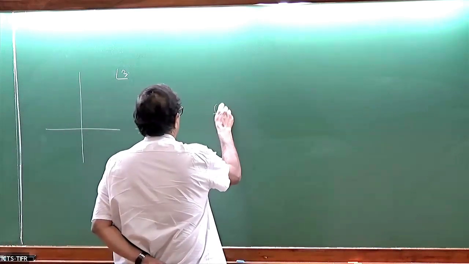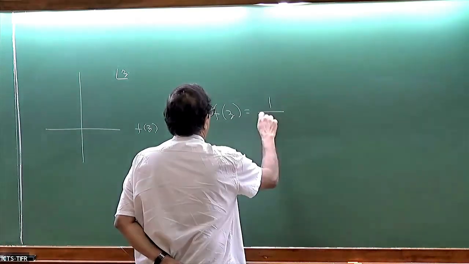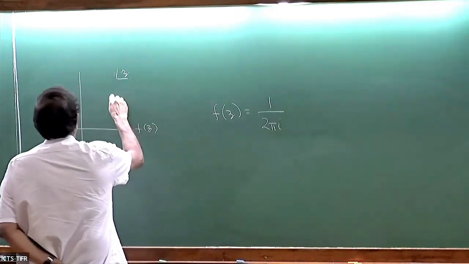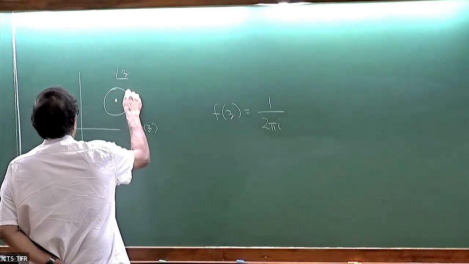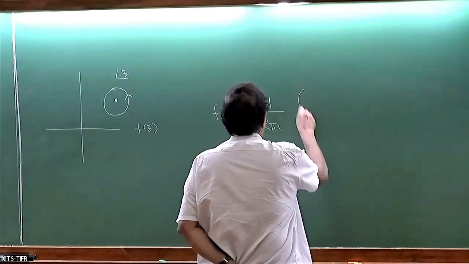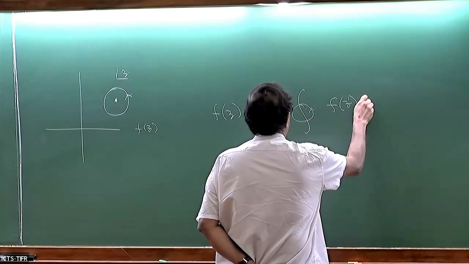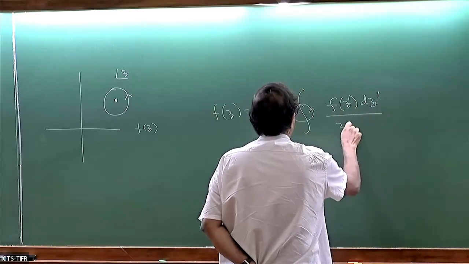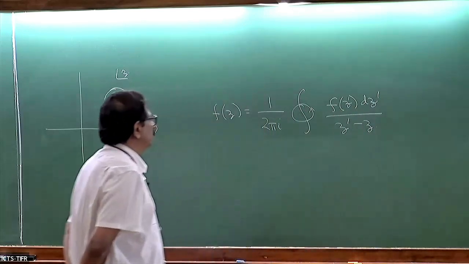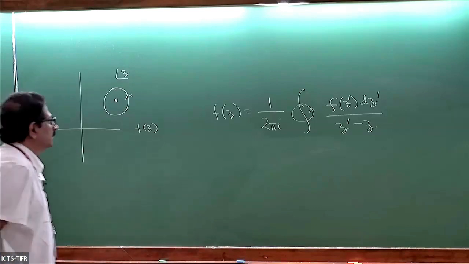So let me just remind you all that if you have a function f of z that is holomorphic in the complex plane, then we all know that the function f of z is equal to 1 by 2 pi i, if this is the point z that I have, and I choose a closed contour like this, 1 by 2 pi i, closed contour like so, f of z prime dz prime divided by z prime minus z. Okay? So this is one version of Cauchy's theorem that is going to be of interest to us.